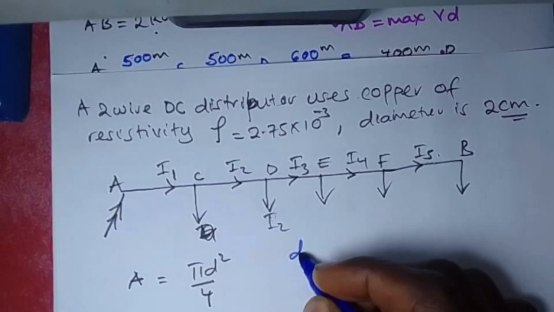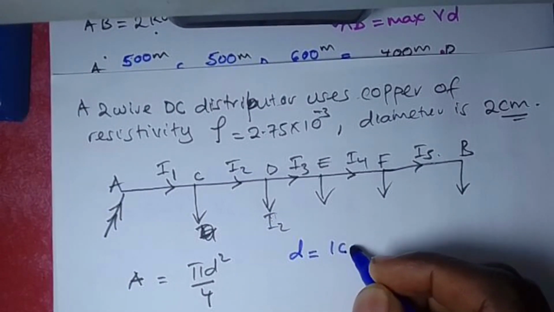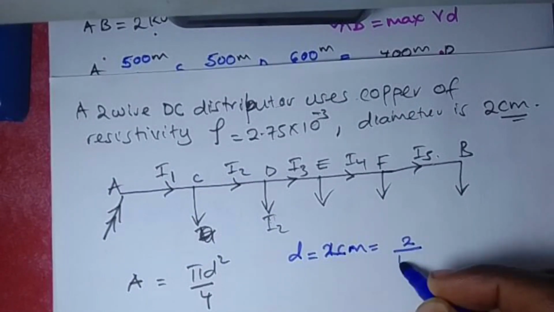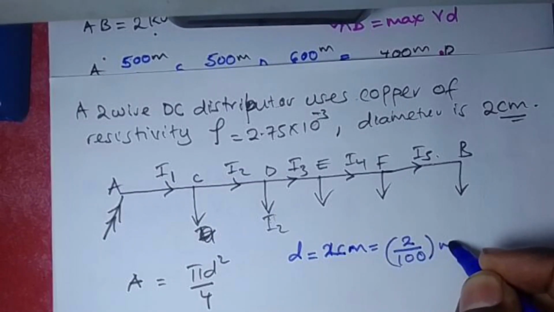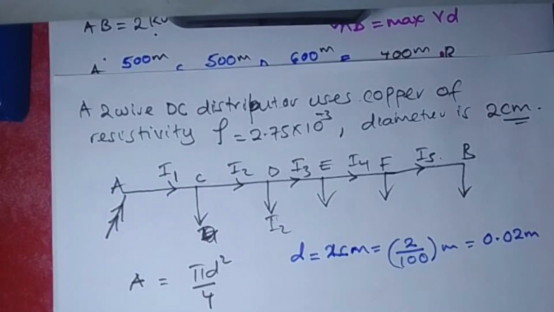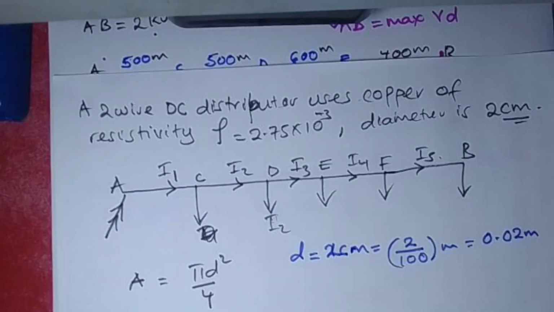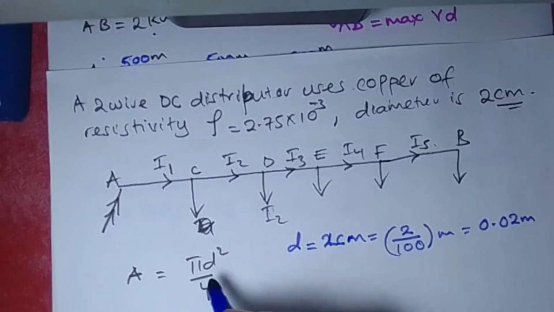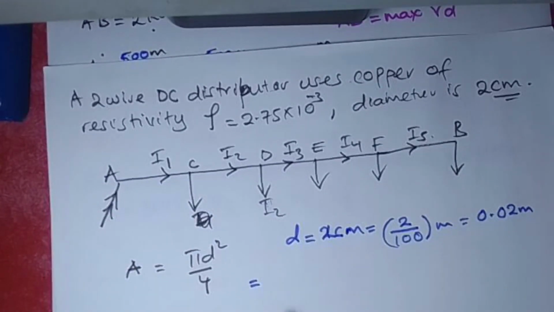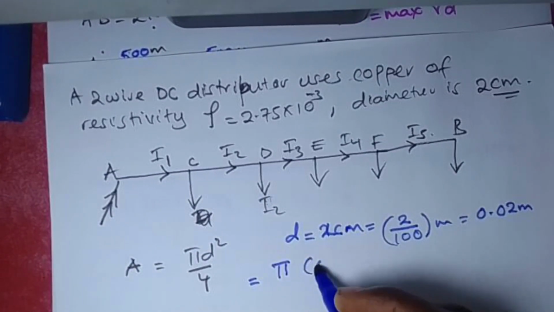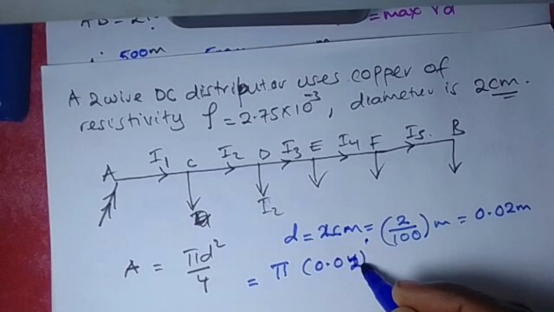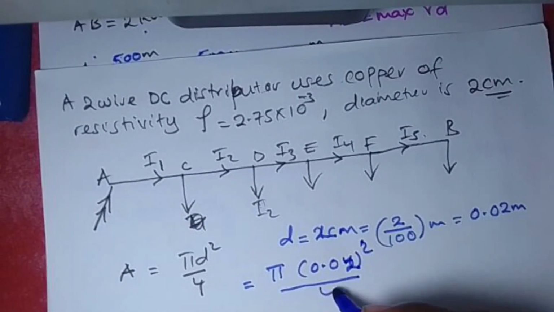So my diameter of 2 centimeters can be expressed as 2 over 100 in meters, which gives 0.02 meters. I'll use that to calculate my area: pi times 0.02 squared divided by 4.